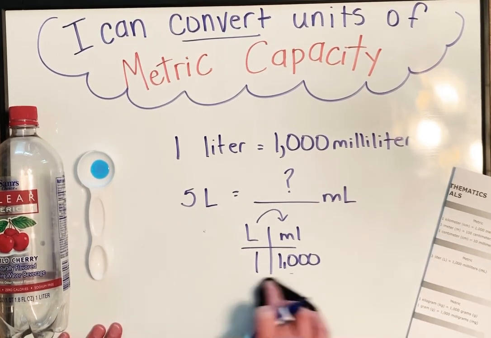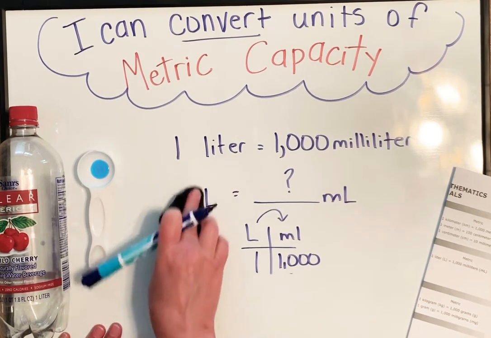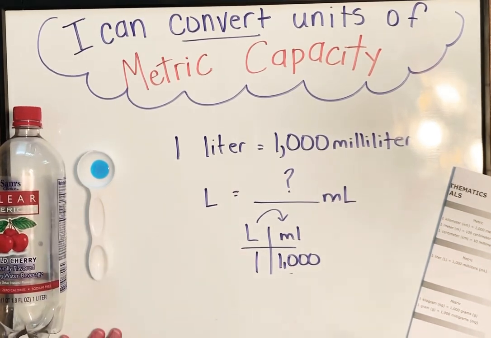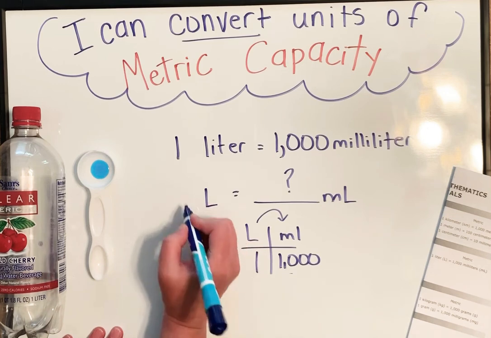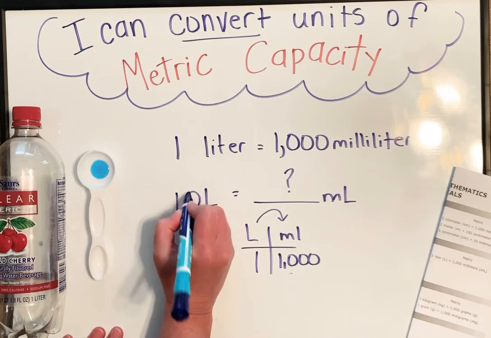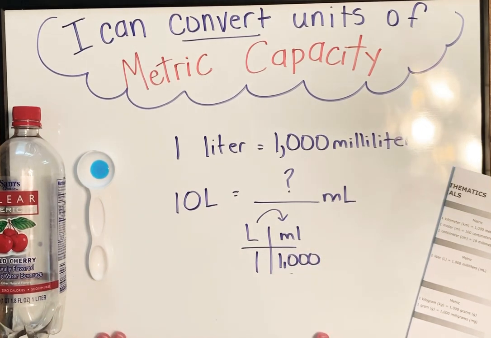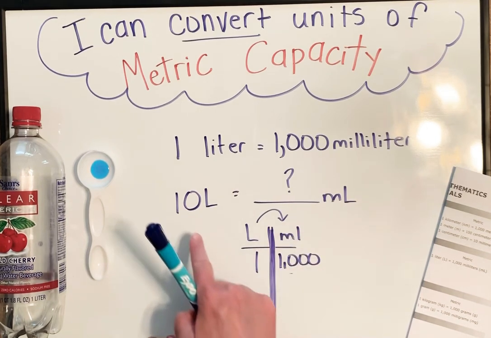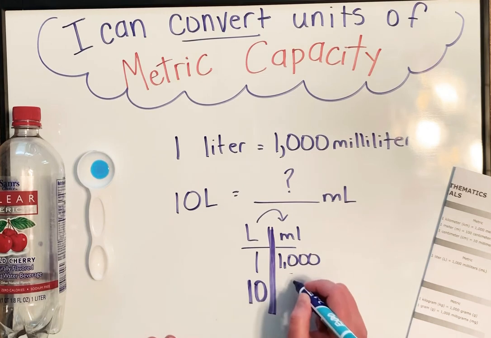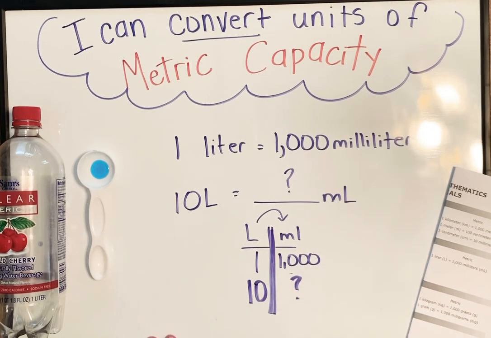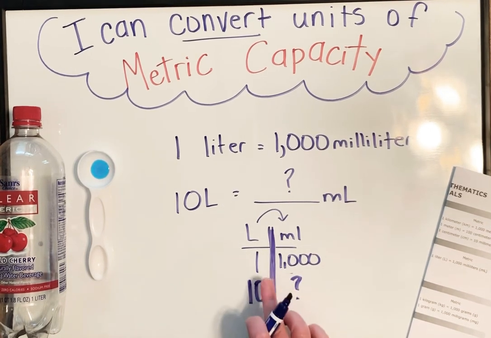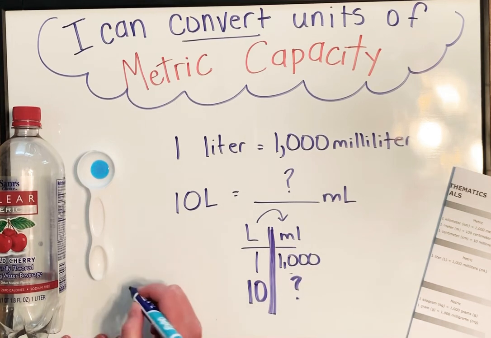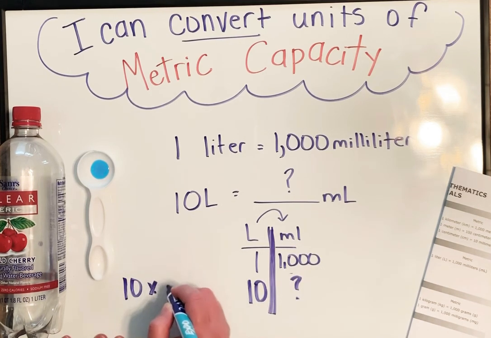I'm going to leave my liter to milliliter there just for a minute. What if I had a question like this? What if I had 10 liters and I wanted to know how many milliliters? Well, now I have 10 and this is my unknown. So now I can see my rule is still times 1,000. So now I have 10 times 1,000.